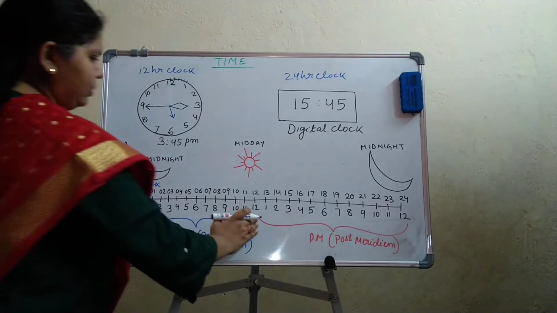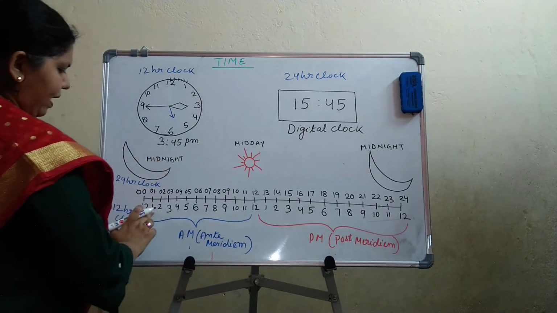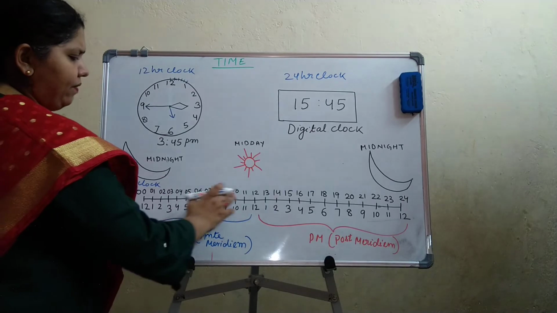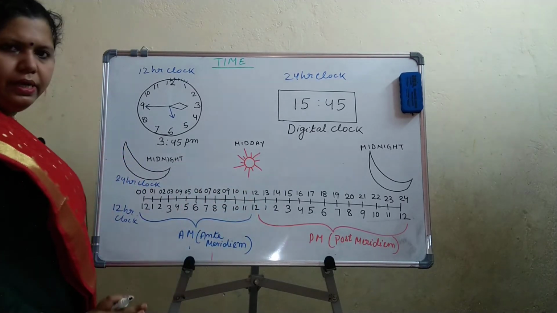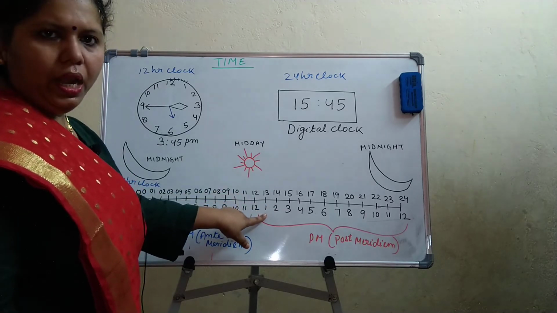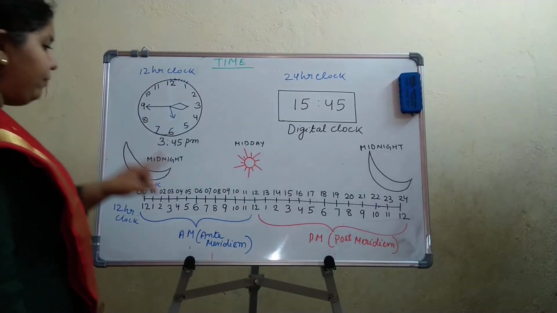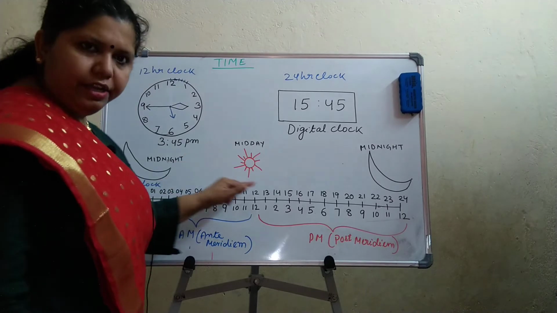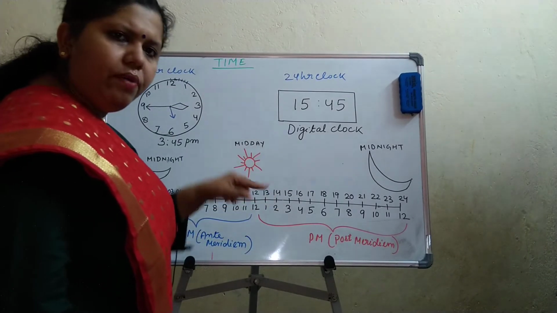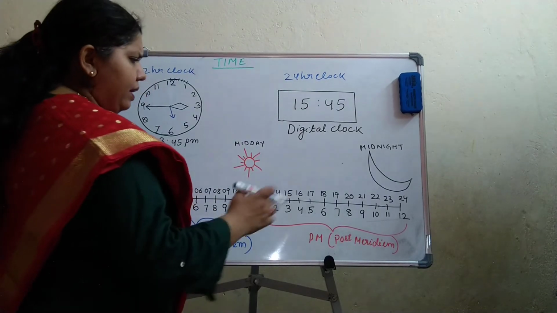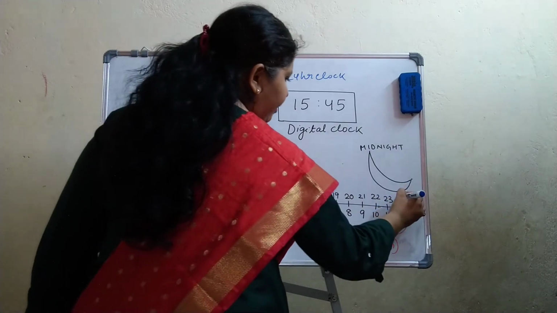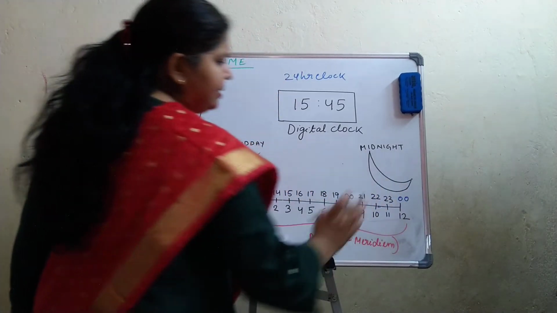Up till 12, both are the same. 12, 1, 2, 3, 4. 1, 2, 3, 4, 5. Here also 1, 2, 3, 4, 5. Up till 12 it is completely the same. But after 12, the 12-hour clock will reset and start from 1, while the 24-hour clock will continue. So after 12, 13, 14, 15 and it will continue up till 24. Actually, this 24 is also written as 00.